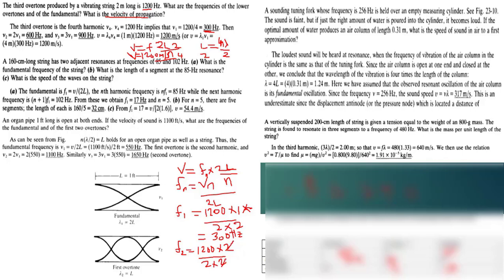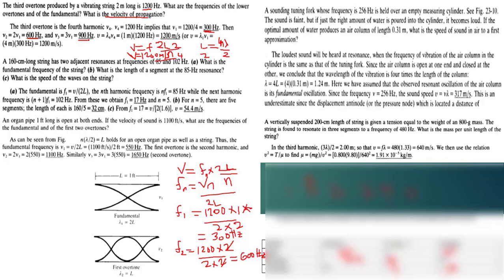So the 2 and 2 cancel, and you get the answer 600 hertz. As you can see here I get 600 hertz. Then to finish with the third harmonic, n is equal to 3, or the second overtone, you get the final one, which is 900. It is 900 hertz.